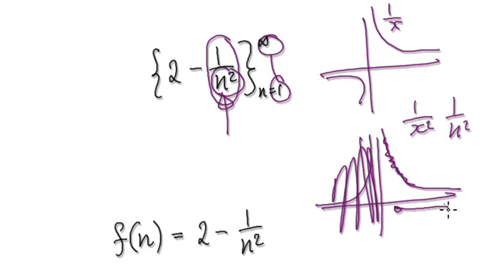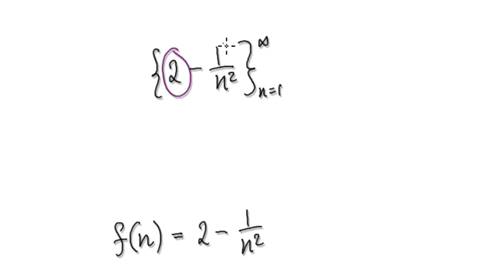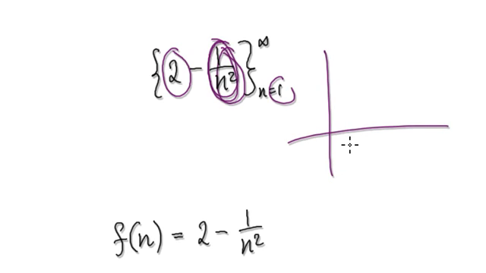So as n increases towards infinity, this thing here is just going to get smaller and smaller. So what that means is you start at 2 and then you take away a smaller and smaller amount as n moves from 1 to infinity.